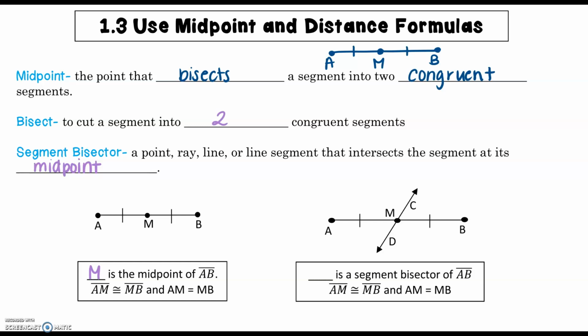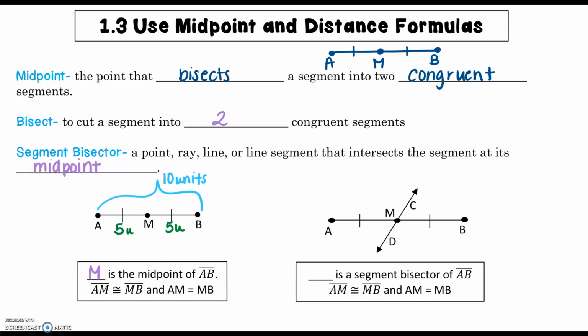So if I told you that segment AB measured 10 units, you could tell me the length of segment AM and the length of segment MB, right? Because the entire length is 10 units, all you have to do is cut that in half, divide that by 2. So AM would be 5 units, and MB would also be 5 units.